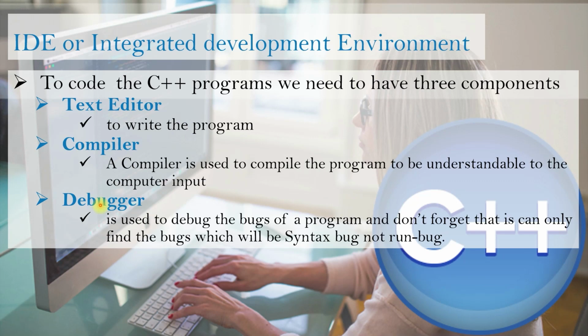Hey programmer, here you forgot to put a semicolon. Here you forgot to close the curly bracket. Here you forgot to open the curly bracket. Here you forgot to declare the data type. The debugger finds those bugs and shows you.